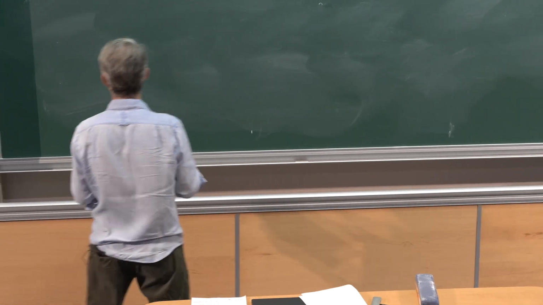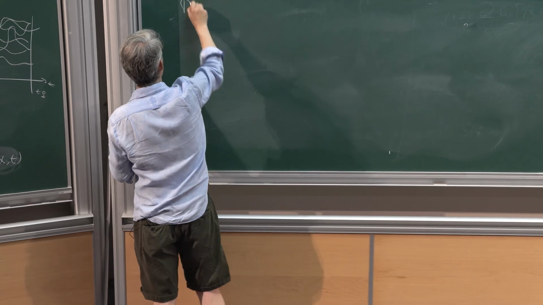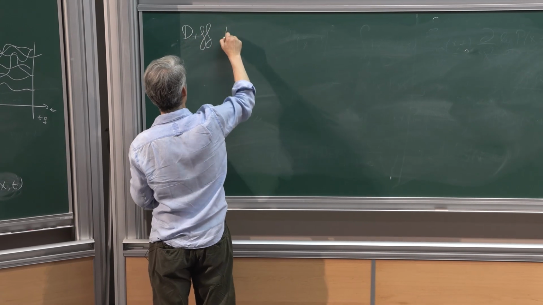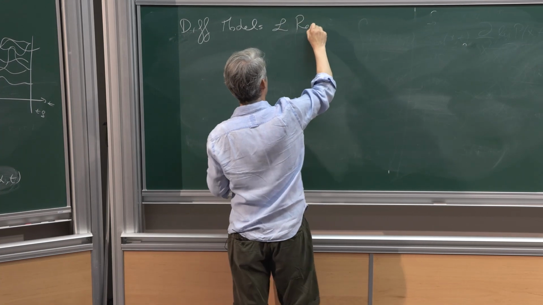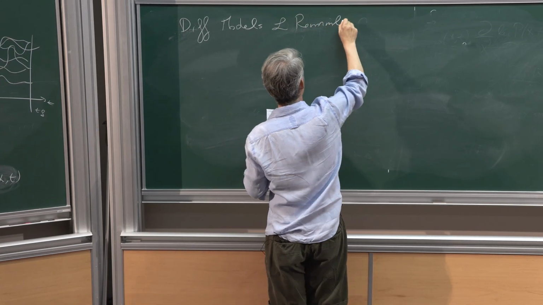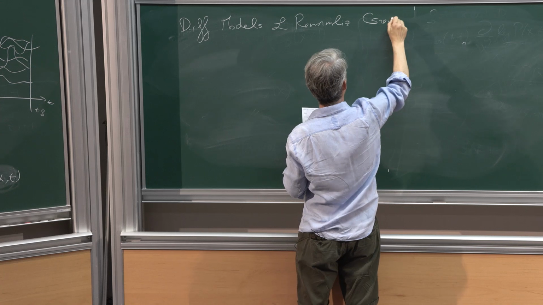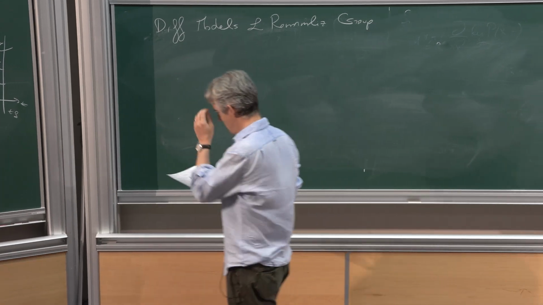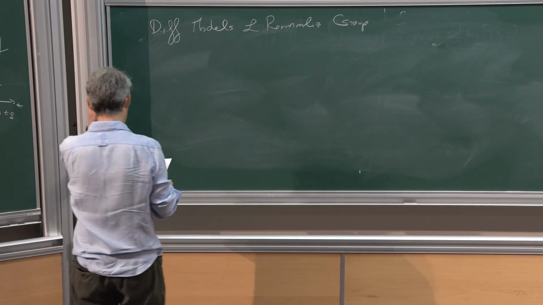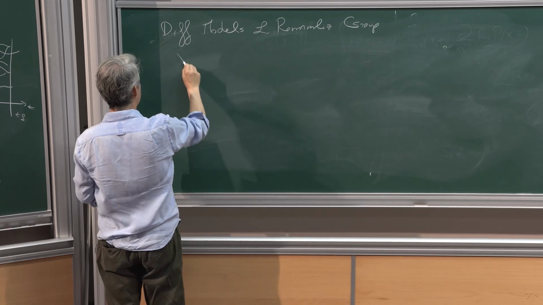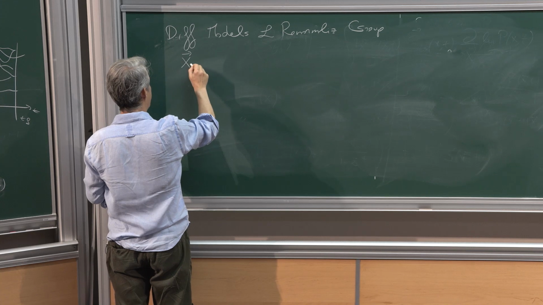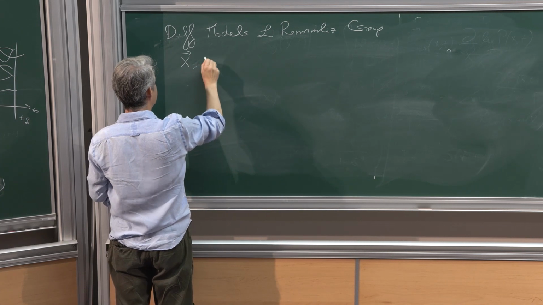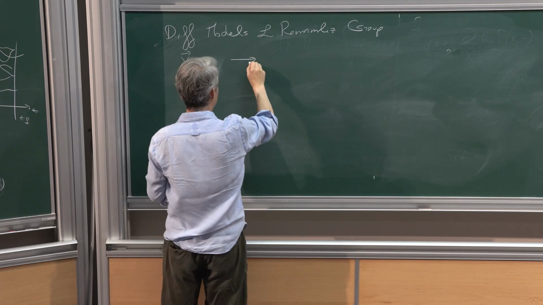Okay, so what is the idea? Diffusion models and the renormalization group. Let me write things in this way. Instead of using x, let me use the notation that we use in physics.